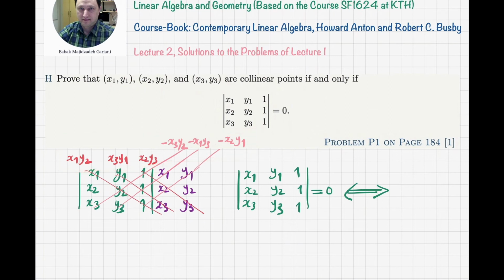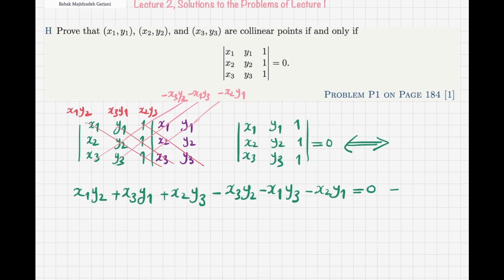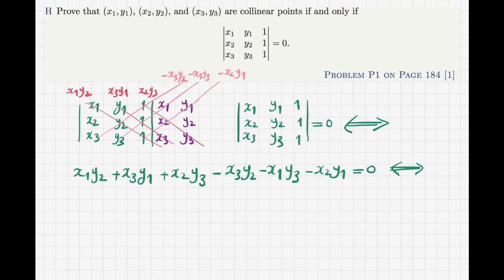Yes, so if and only if x1 y2 plus x3 y1 plus x2 y3 minus x3 y2 minus x1 y3 minus x2 y1 is equal to 0. And this is again if and only if. I simplified this a little bit.